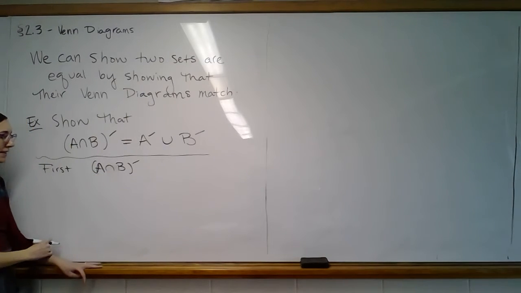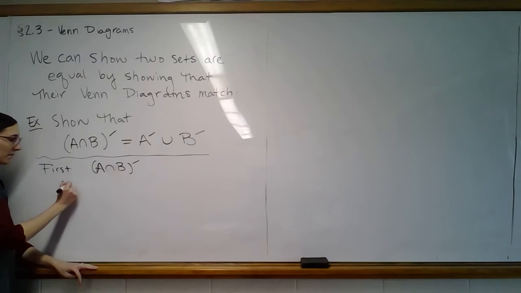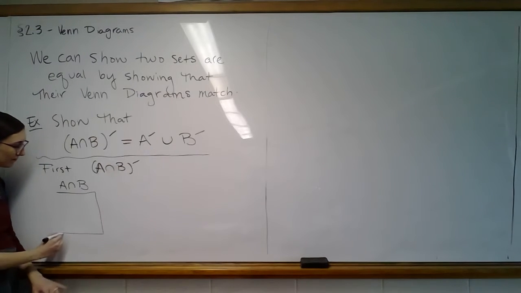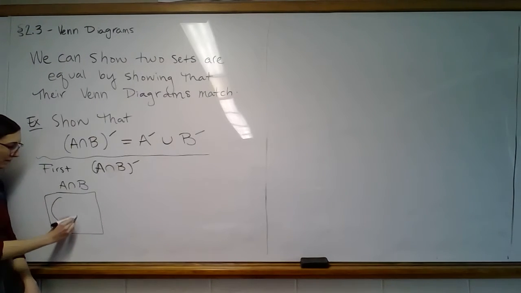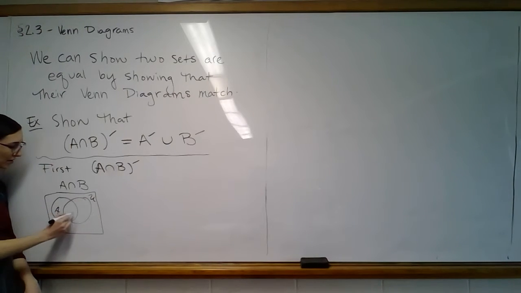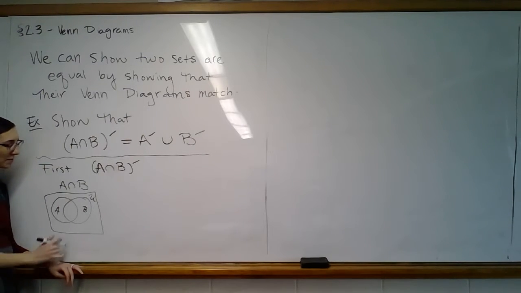Taking a look at this, let's start with A intersect B. So I've got an A and a B inside of the universal set U. And remember, the intersection means the overlap, what's common to both. So that would be this middle region right here.